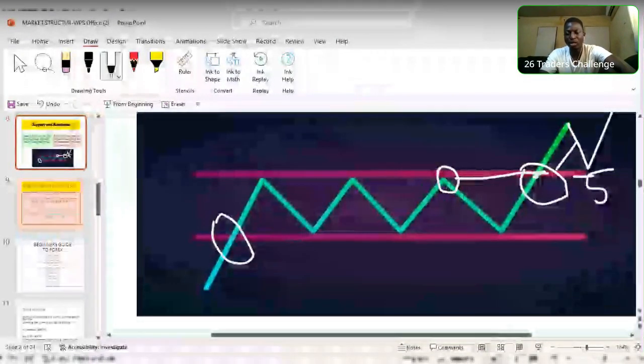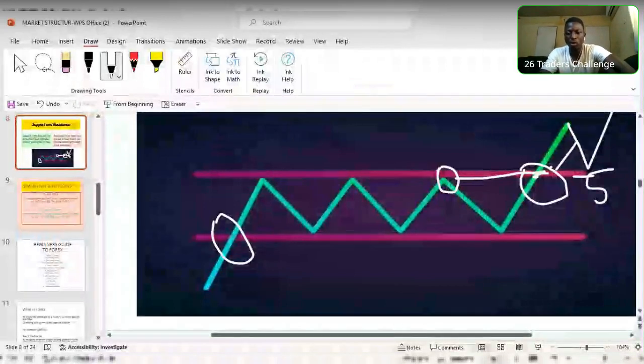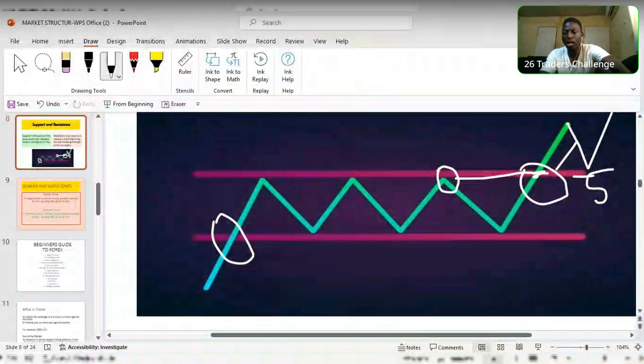We still call it a break of structure, because we can't call this a lower low or lower high since it's been ranging. We have equal highs, lower highs here. So we have a break of structure to the upside. The market will come back and retest this break of structure and continue the upside movement, giving us a clear bullish market trend. So this resistance has turned to support.